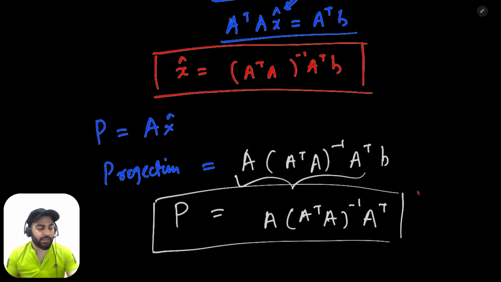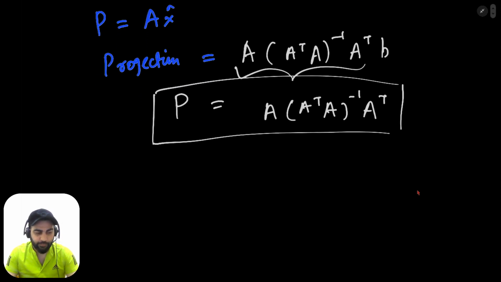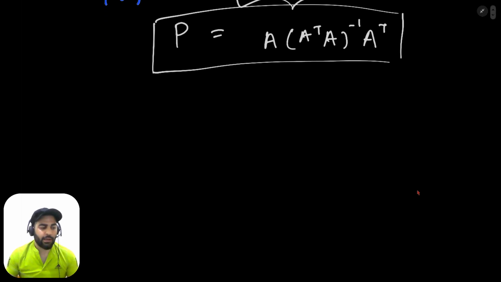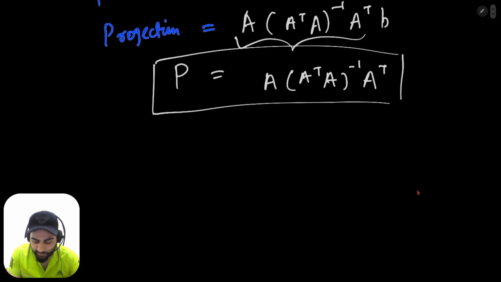Let me ask you a few questions so that it's pretty much clear. So then we can go on. Let's suppose we have this B. The equation we had at hand was A x is equal to B. So why did we want to find the projection?